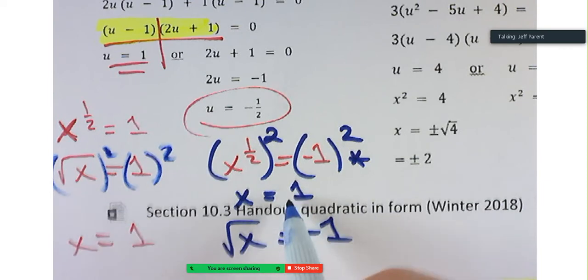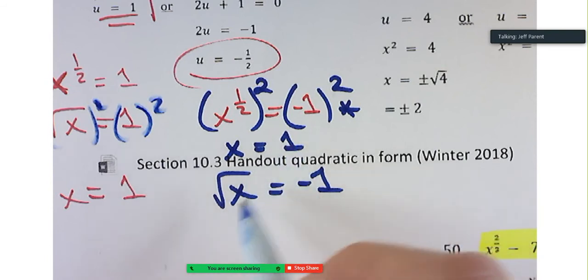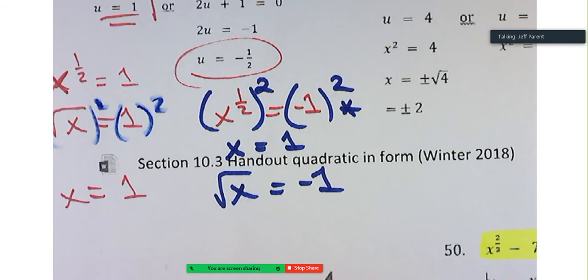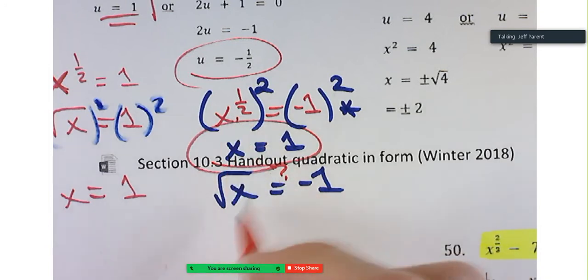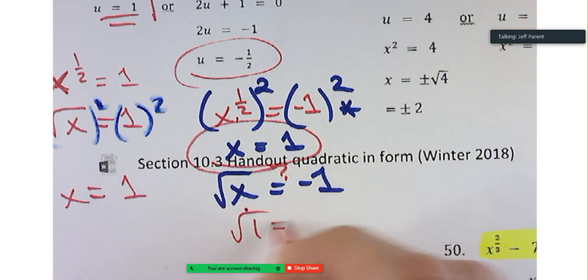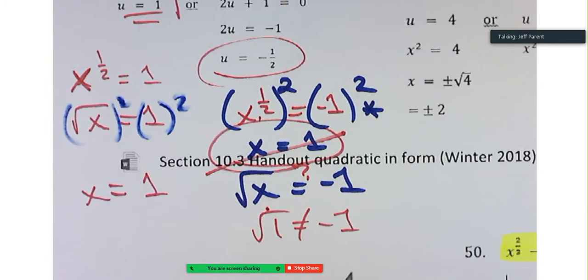If I try to check this solution, does the square root of 1 equal negative 1? No. So that's an extraneous solution. Bummer.